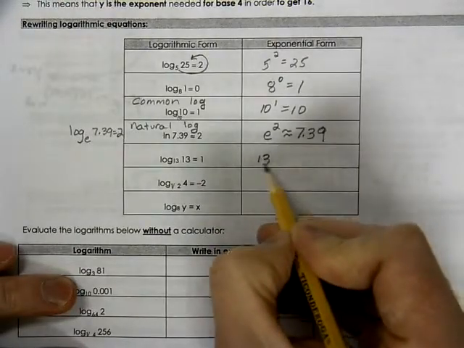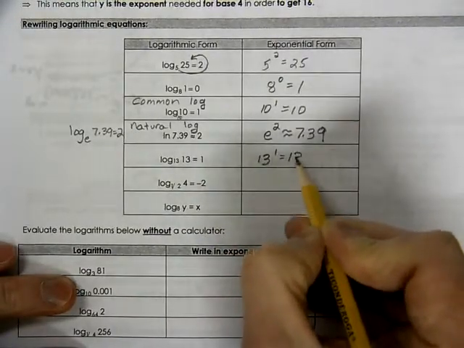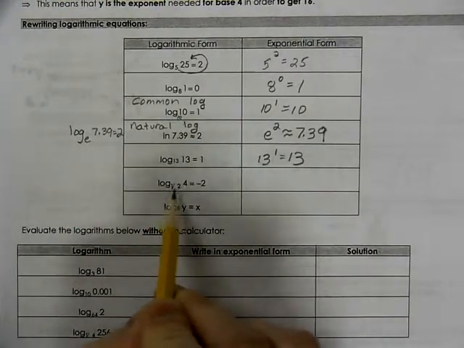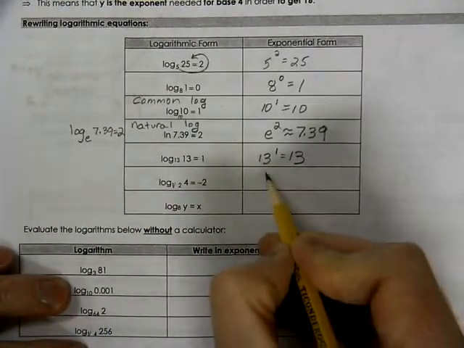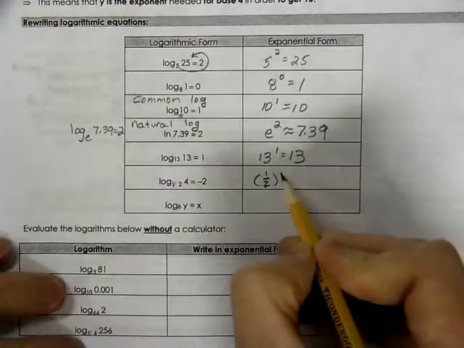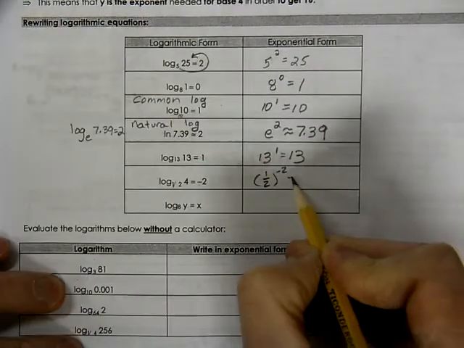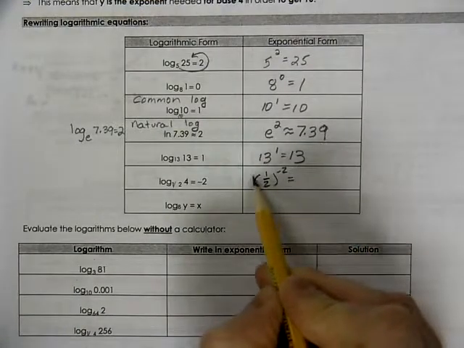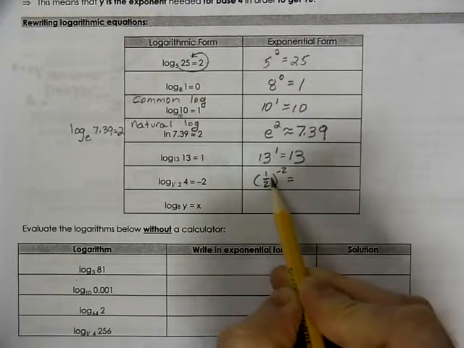Here, 13 to the first power equals 13. Here the base is a fraction. The exponent is negative. That's okay to have. So the negative, remember, flips over the fraction and then you square it.